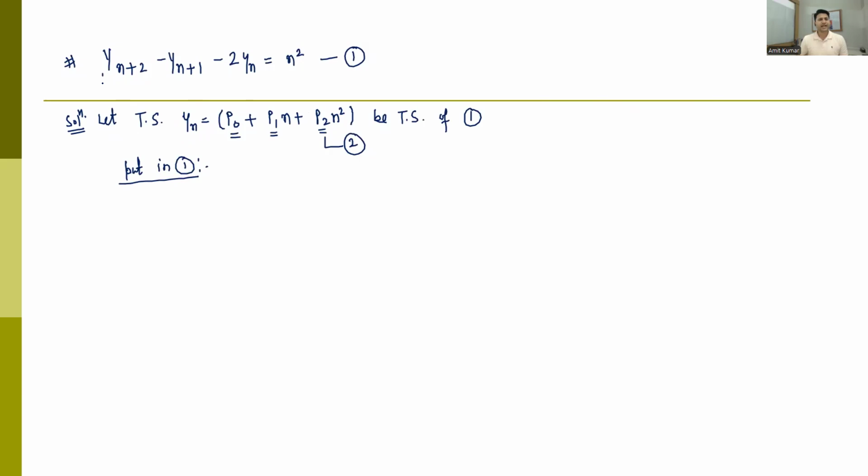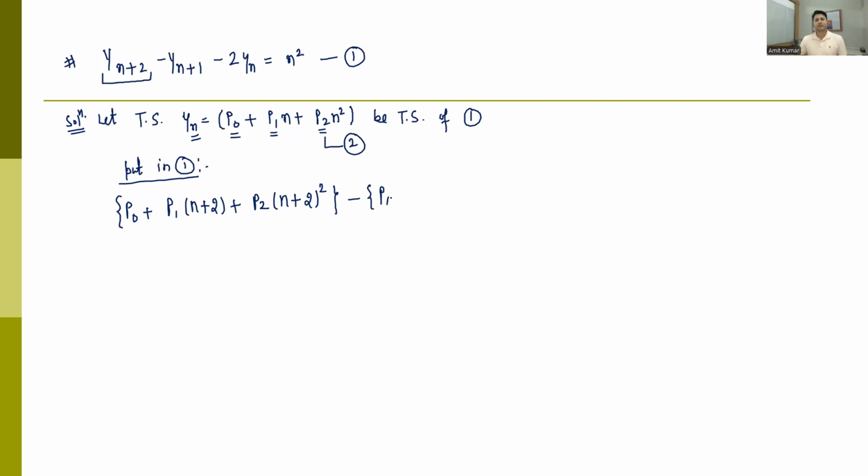The first term is y(n+2). So in place of n, put n+2 in your trial solution. What will we get? p0 + p1 into (n+2) + p2 into (n+2) whole square, simply replacing n by n+2, minus y(n+1).